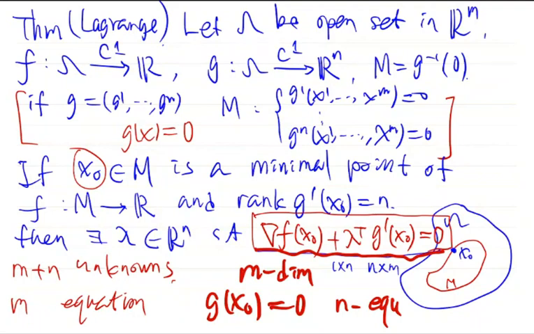The first m equations are the conclusion of the Lagrange multiplier theorem, and we still have another n equations, the constraint condition. So it is reasonable to solve these m plus n equations to get the m plus n unknowns we want. This is the Lagrange multiplier theorem for the constraint extreme value problem.